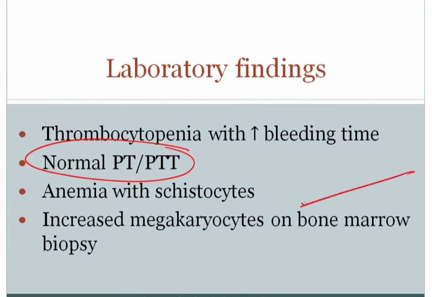When these microthrombi are forming, you're forming these platelet microthrombi, but you're not going to the next step where you actually activate the coagulation cascade and you get cross-linking. So the only thing that's happening is that the platelets are actually aggregating at that site. Well, maybe I should say more correctly, there's adhesion of platelets at that site. And so the PT-PTT will be normal in this disorder, and that's, again, very important.